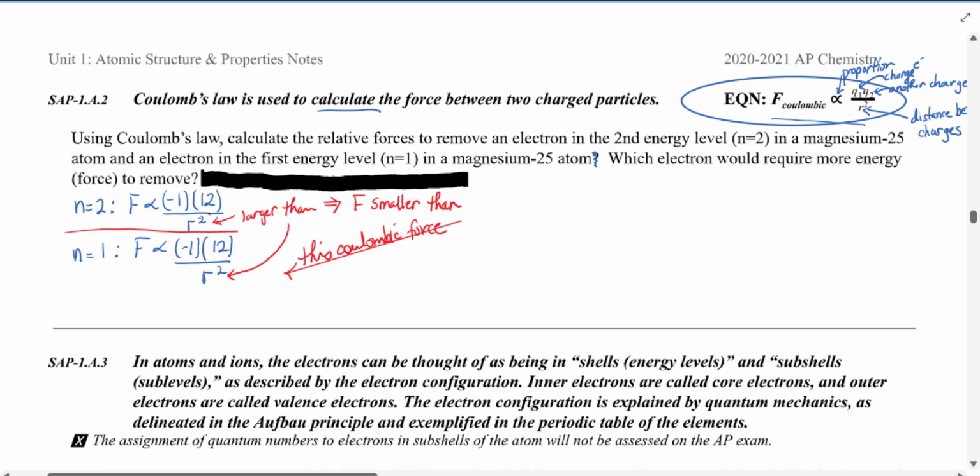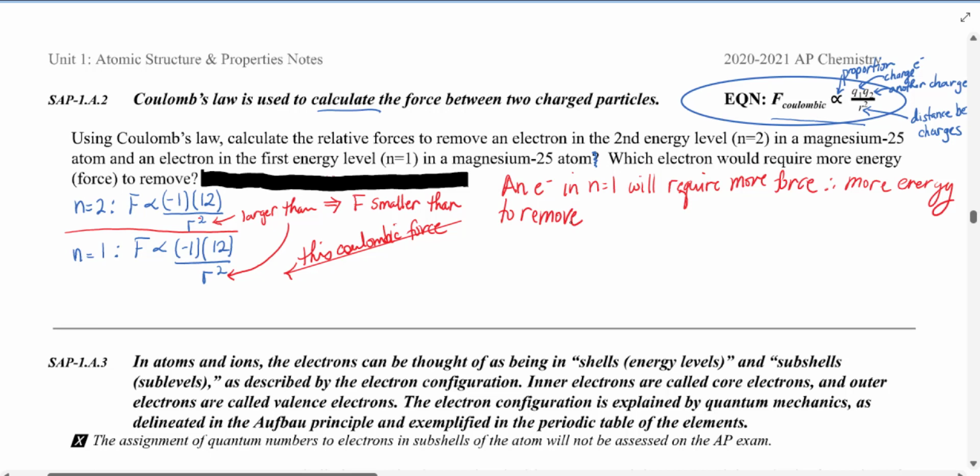Which electron would require more energy or force to remove? An electron in energy level 2 takes less force, but this is asking which one requires more energy. An electron in energy level 1 will require more force, and therefore more energy to remove. Okay, so you've answered the question.